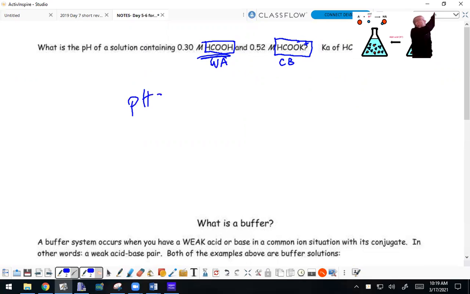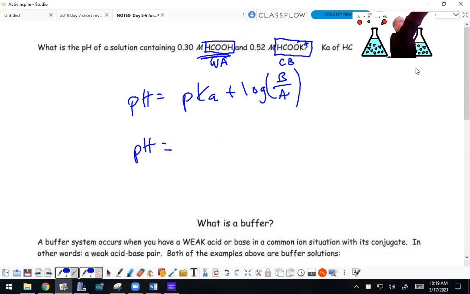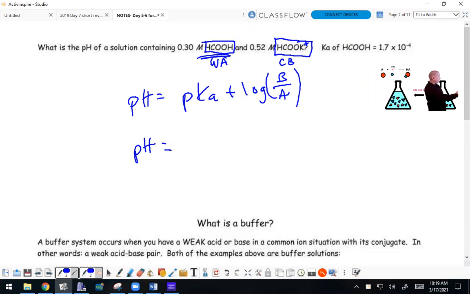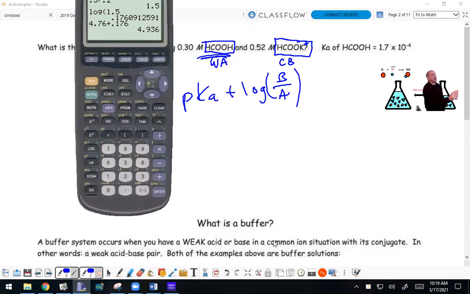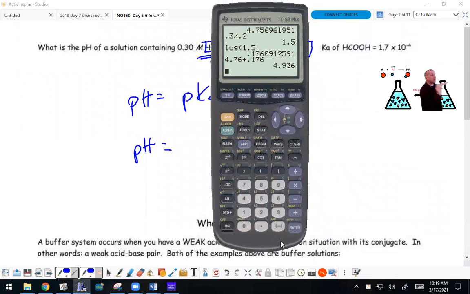So pH equals the pKa plus the log of the base over the acid. So pH equals, we need the negative log of the Ka. So there's our Ka of HCOOH, formic acid. It's the chemical that's in the bites of fire ants, if you've ever been bitten by a fire ant.